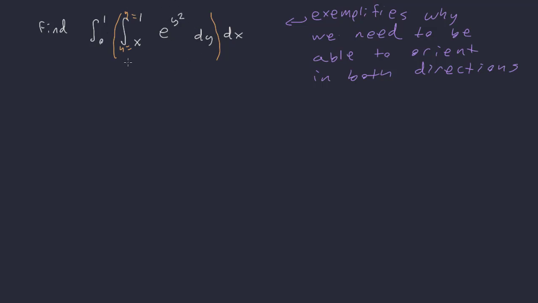So that means we're talking bottom to top, which is how we usually like to talk about integrals of this type. However, there's a problem with this integral. E to the y squared, there's no integral rule for, right? This is actually impossible.